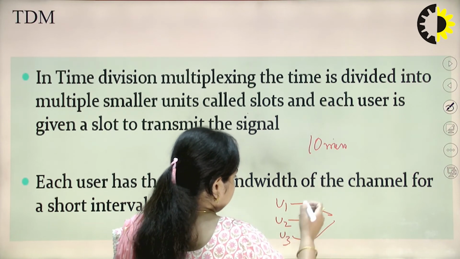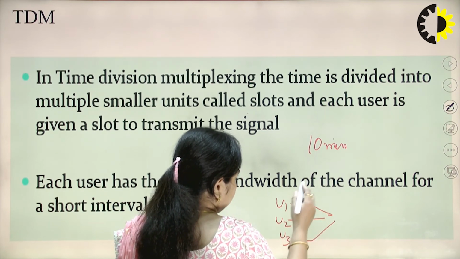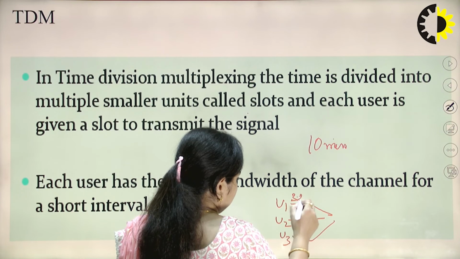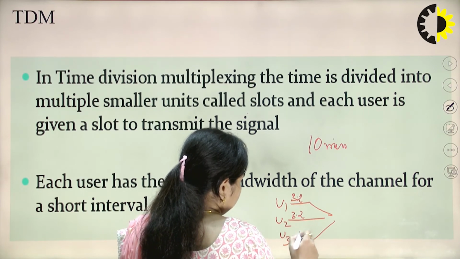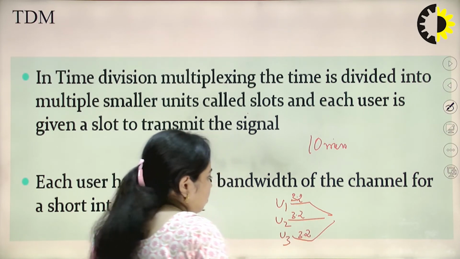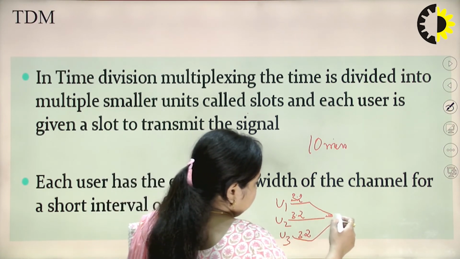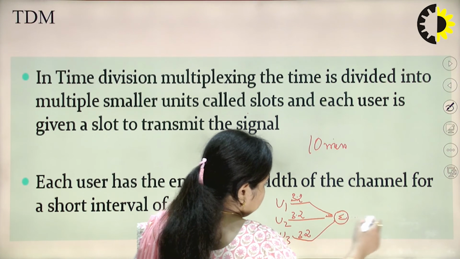So this 10 minutes is equally divided among 3 different users. Let's say it will be approximately 3.2 or 3.3 minutes each. The remaining will act as a guard interval.